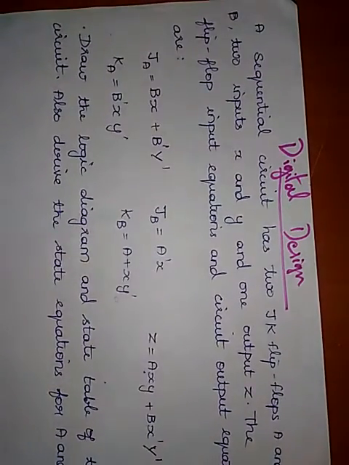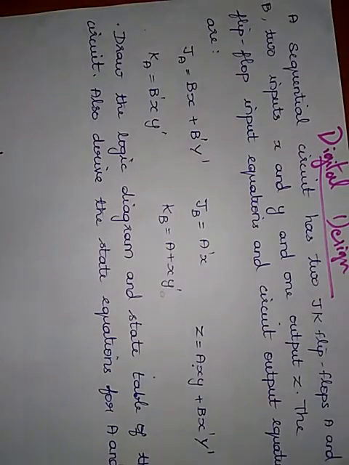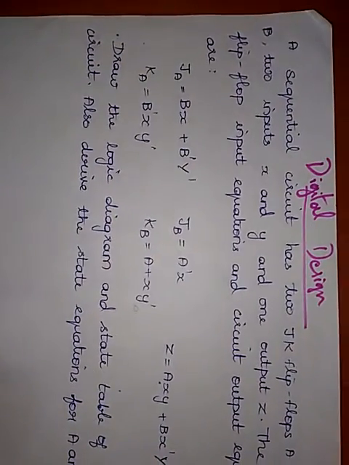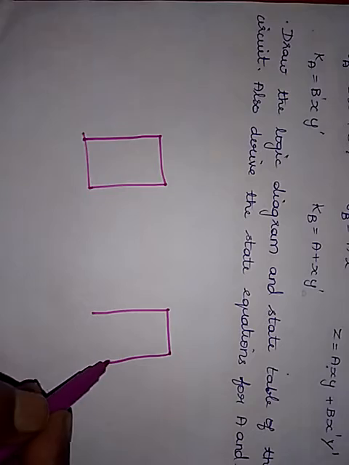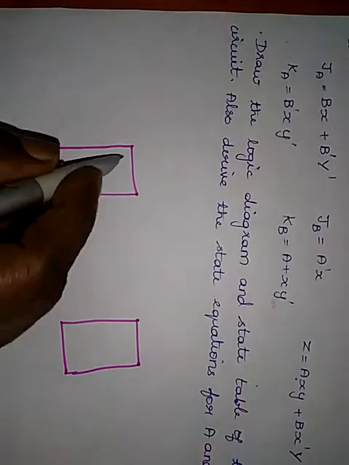Okay. So first we have two JK flip-flops. This is one JK flip-flop. This is another JK flip-flop. So we have J input, K input.